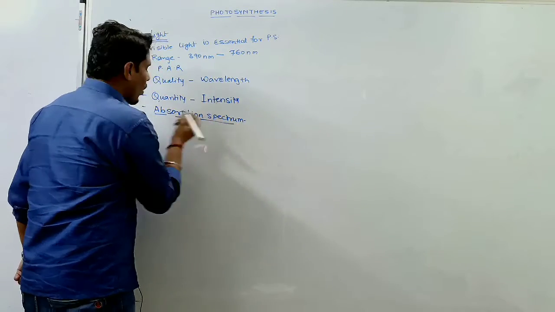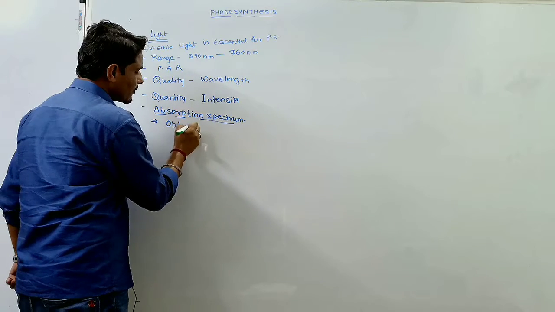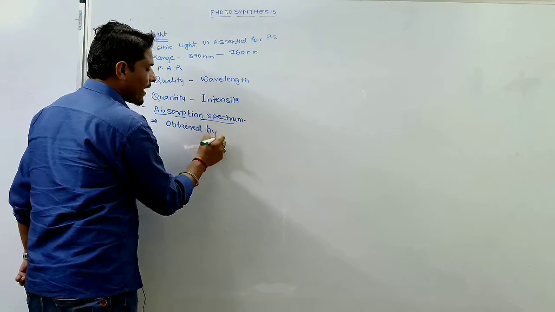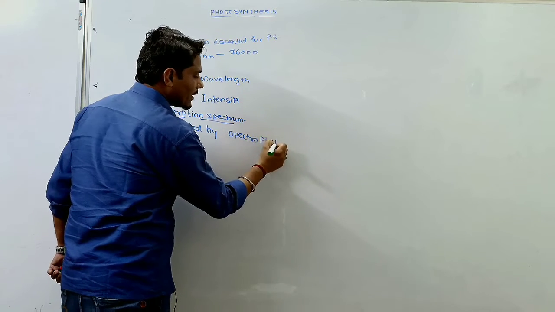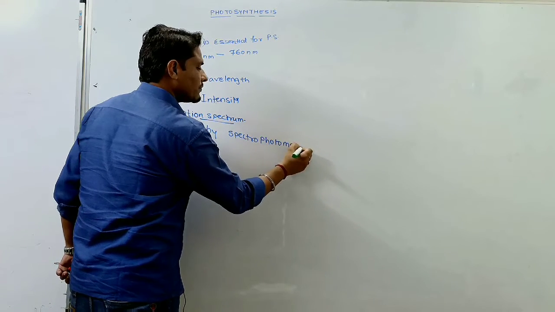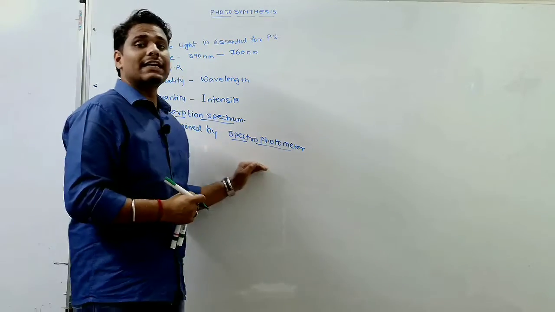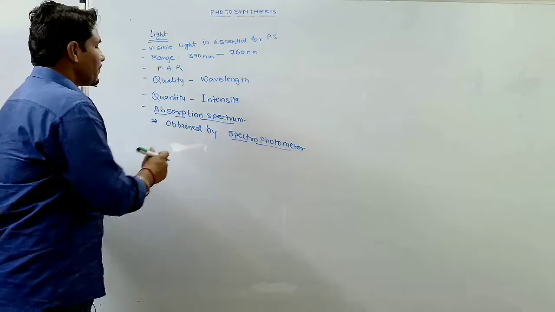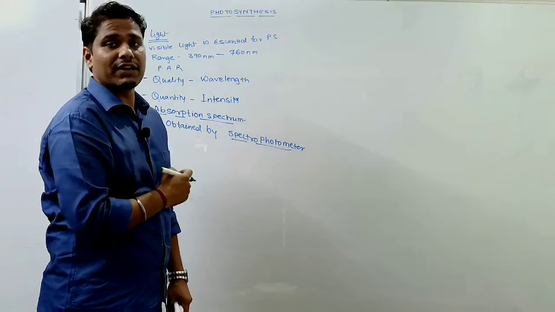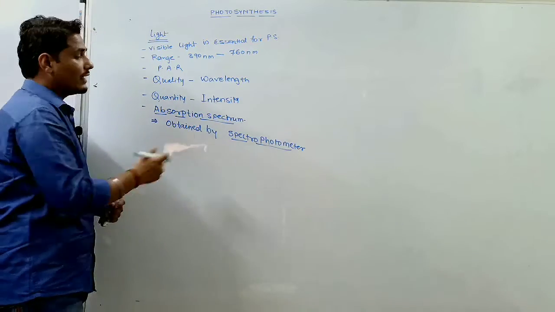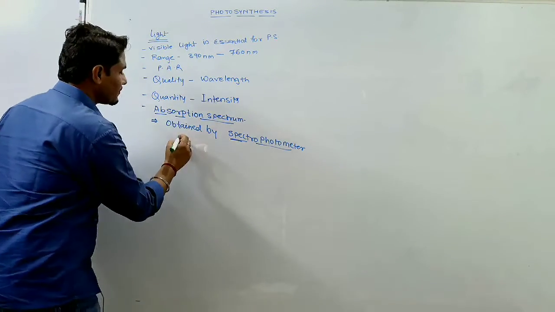The absorption spectrum is obtained by a spectrophotometer, and the result of the spectrophotometer is interpreted by a graph. Chlorophyll pigments absorb different wavelengths of light, and that is represented by the spectrophotometer.